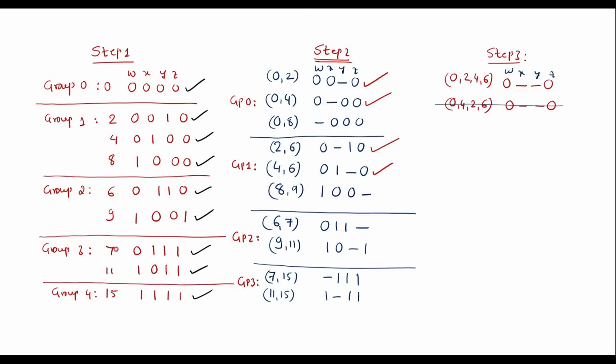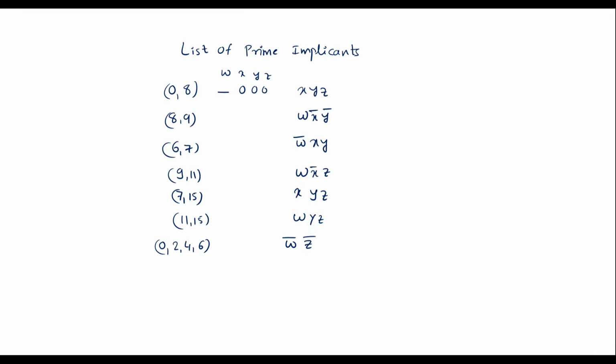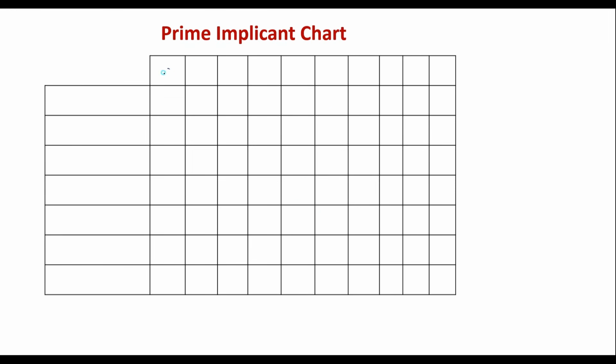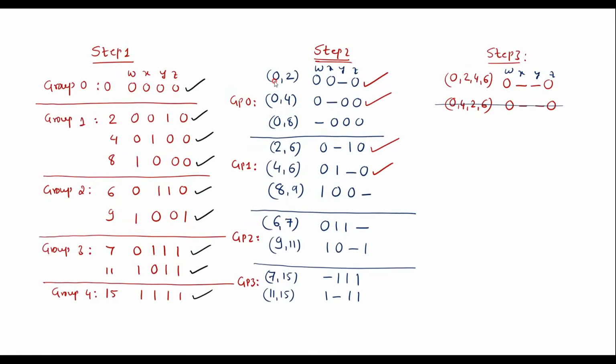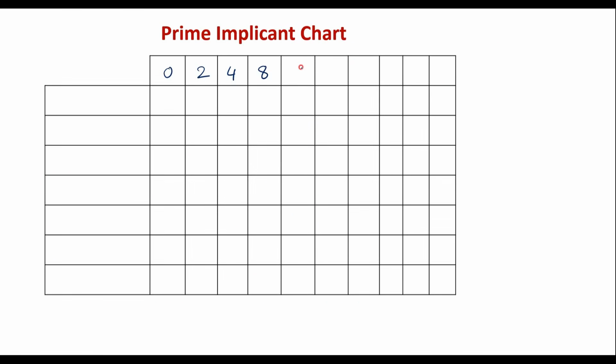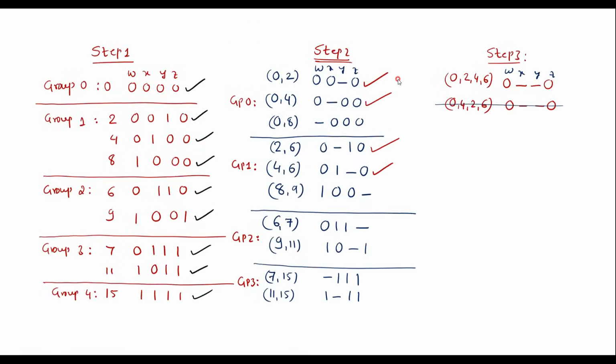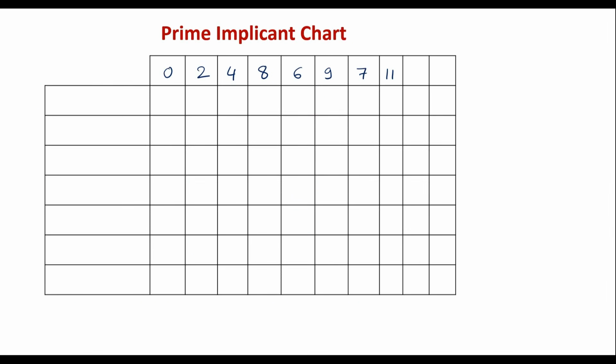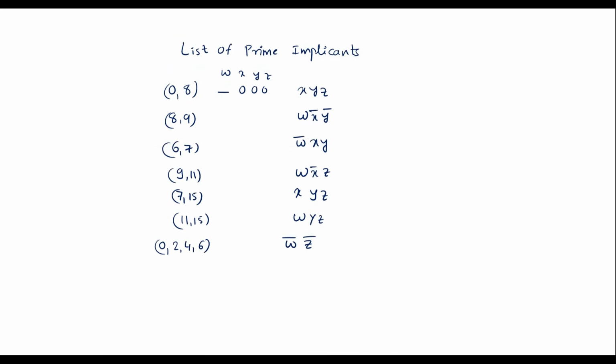So all these are the min terms, which I will write here: 0, 2, 4, 8, then 6, 9, 7, 11, then 15. Along with the columns, we have to write the list of prime implicants which we have marked.